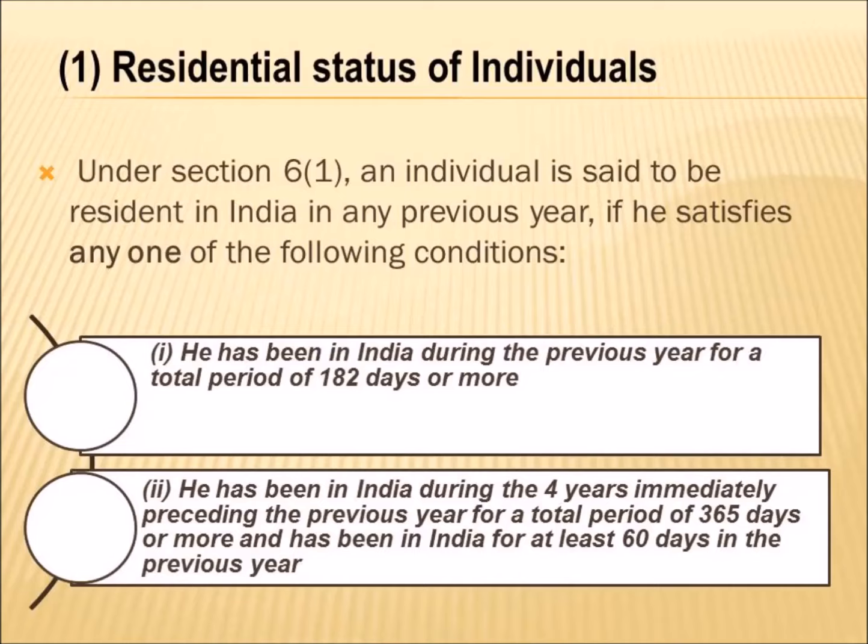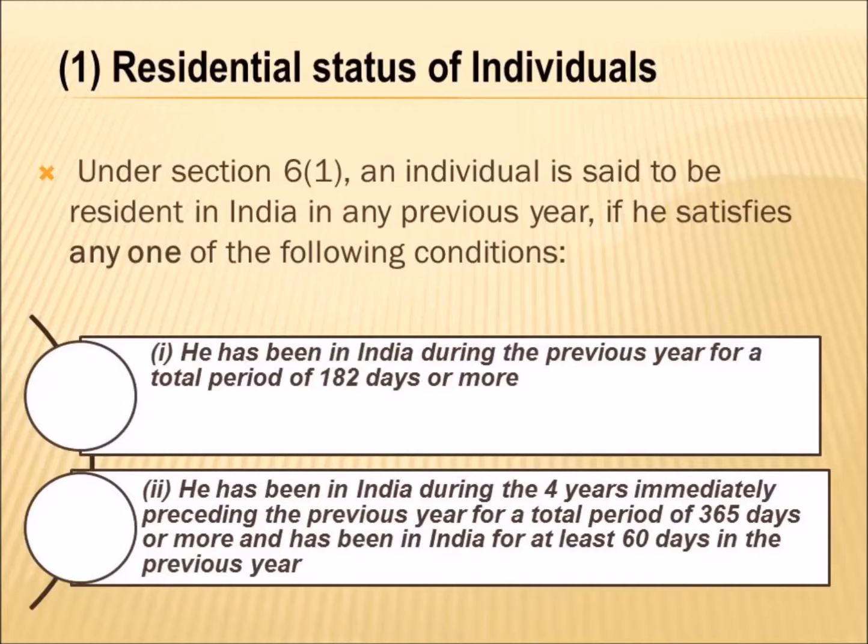So what we draw from these two conditions is that first of all I have to satisfy either of these two conditions, either one or two. The condition number 1 contains only one clause, but condition number 2 contains two clauses, and I have to satisfy both these clauses to become a resident.